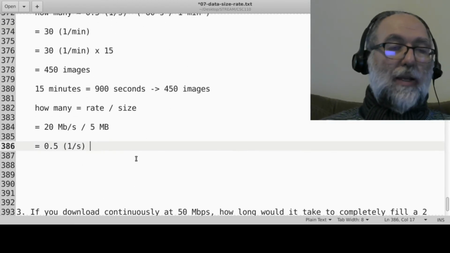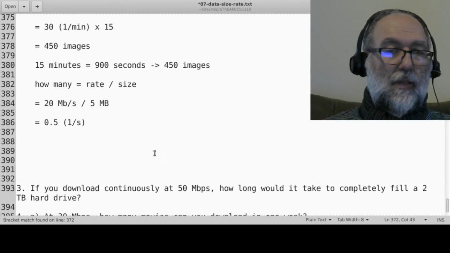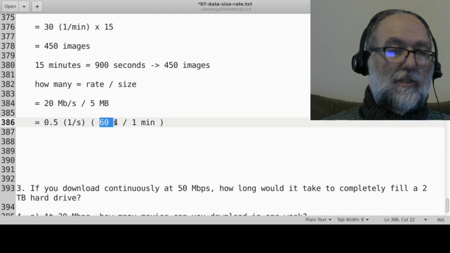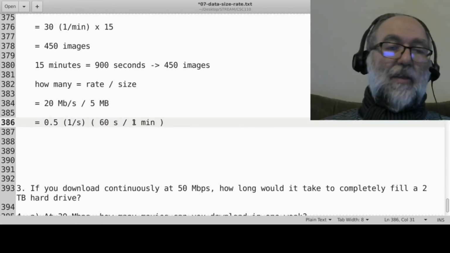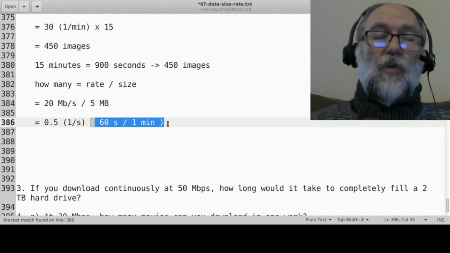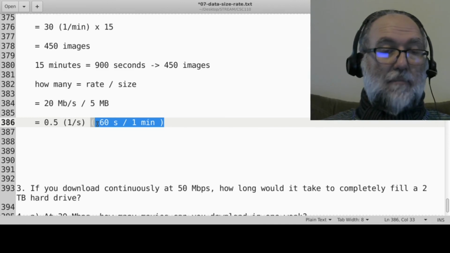Okay, and then at this point I would say, but I want 15 minutes, so I would do this: 60 seconds in 1 minute, and I would say, but I don't want 1 minute, I want 15 minutes. So I would multiply both the numerator and the denominator of that fraction by 15. And you can do that because this fraction is equal to 1.